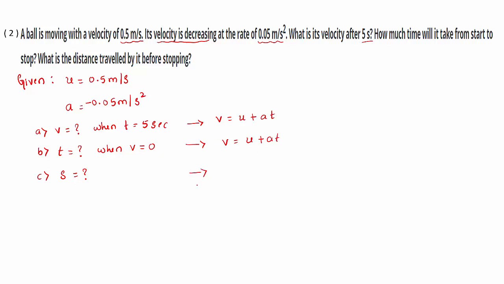And for the third one, to calculate distance traveled, we can use the equation s equal to ut plus half at square. So from this problem, I already gave the values and the suitable formula. Now I am going to give you some homework. In these formulas, substitute the values and calculate, then tell me the proper answer. I am going to solve this problem in the next session. Let us take it as homework.